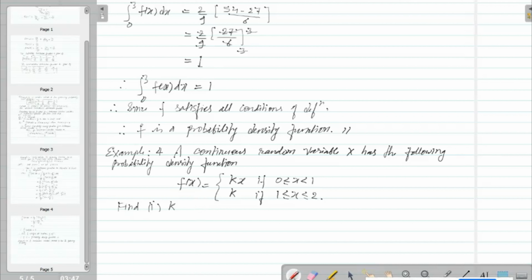And second, we have to determine the probability of x less than or equal to 1.5. This is what we have to determine. So for this, what do we have to do here? Let us do the solution.